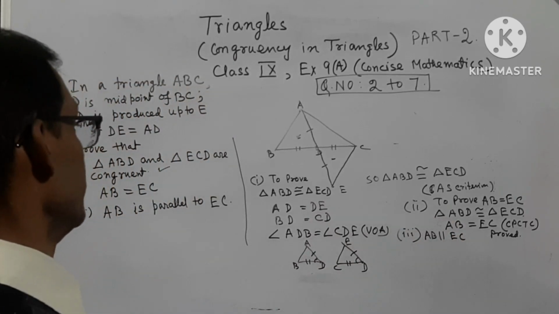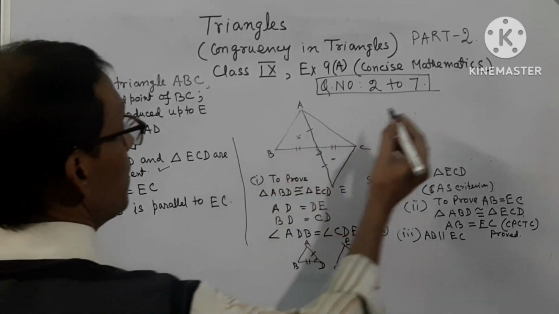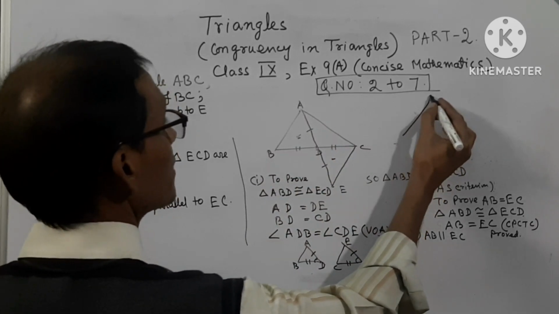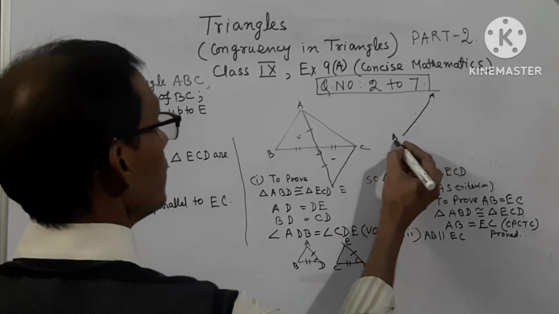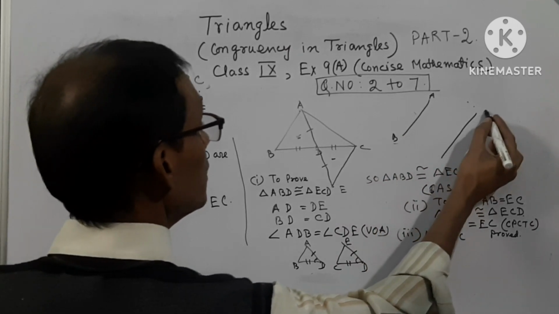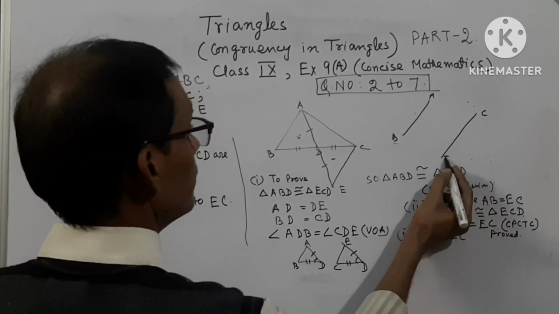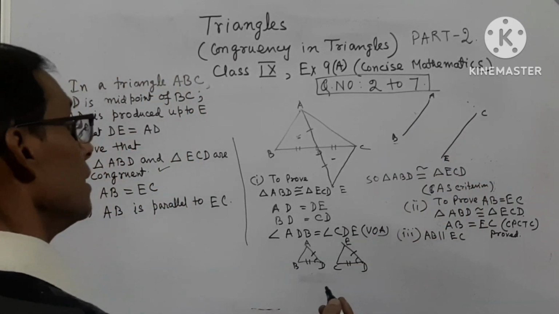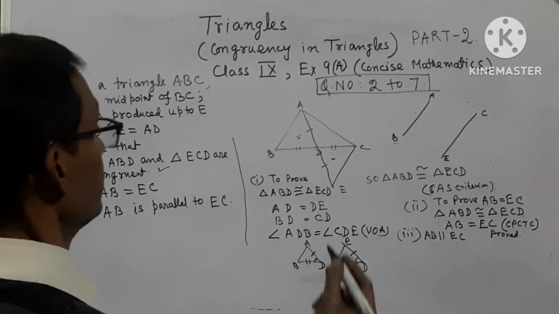AB parallel to EC. See, this is AB and this is CE. You have to prove AB and CE are parallel.